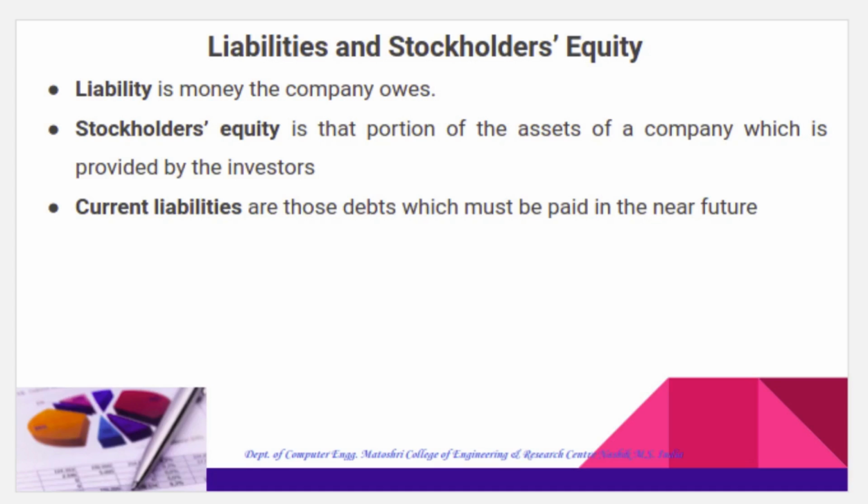Current liabilities are debts which must be paid in the near future. Generally, they are paid within 1 year. The major current liabilities include accounts and notes payable within a year.